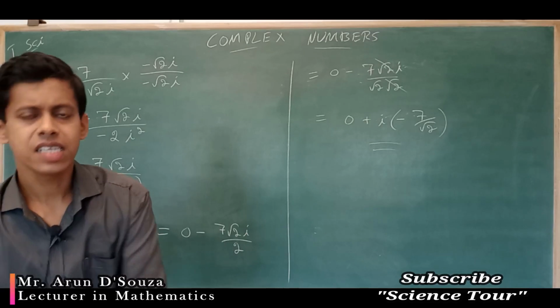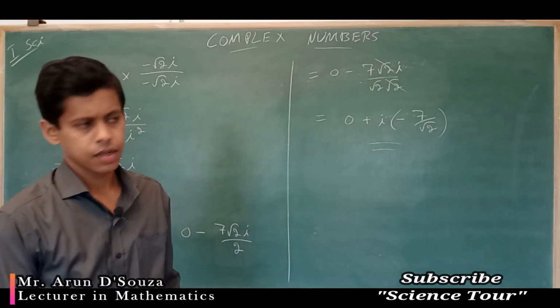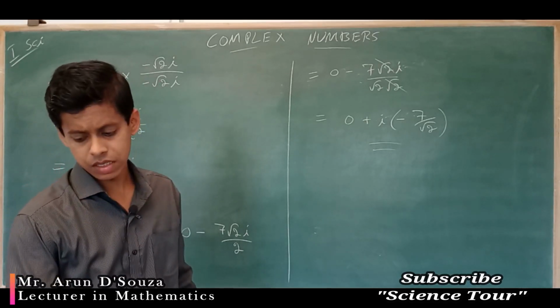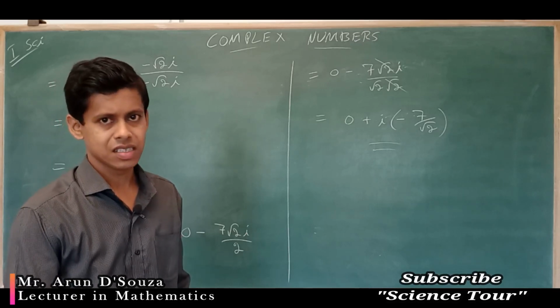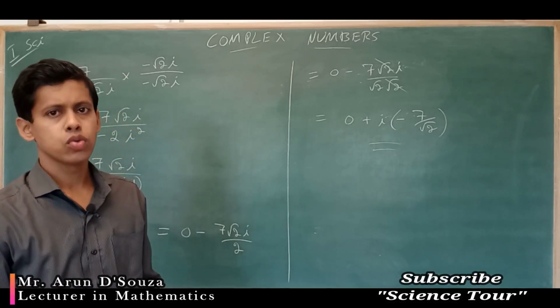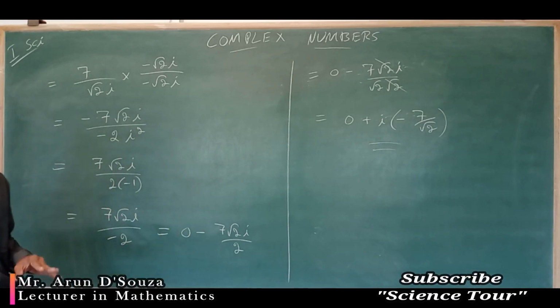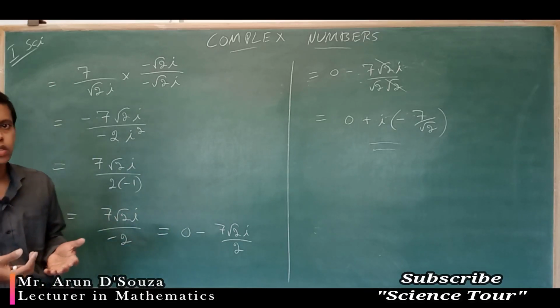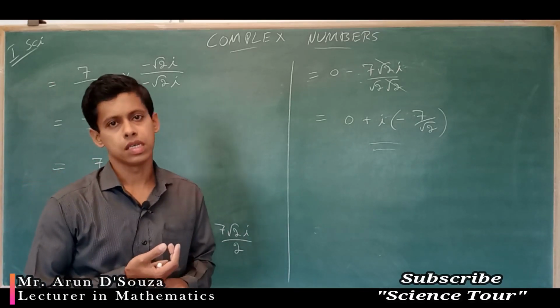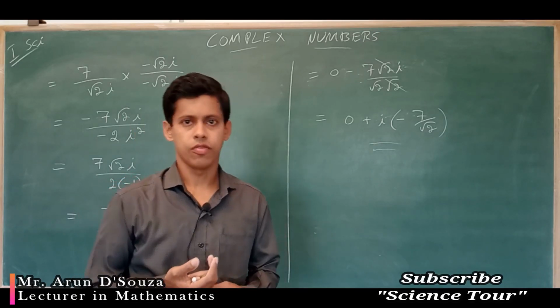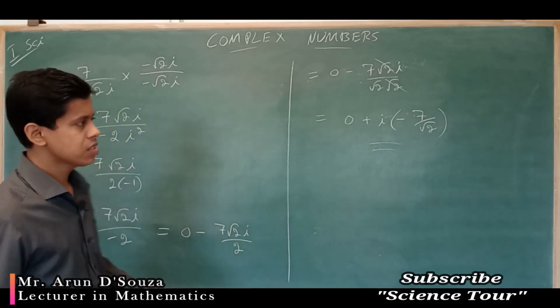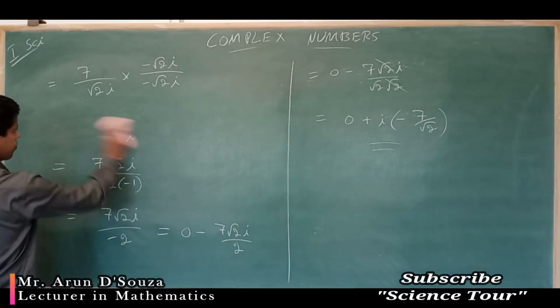The next question, okay, so that completes this 5.1 exercise. Now what I told you in the previous class is this: we will understand how to plot a complex number in the graph. Alright, so that is called Argand Plane.